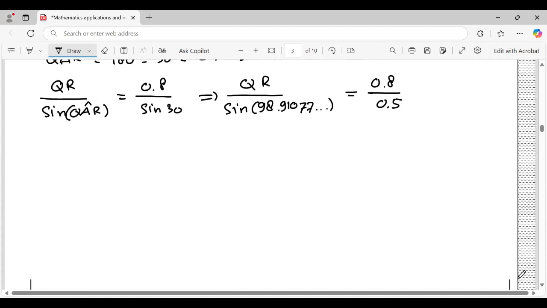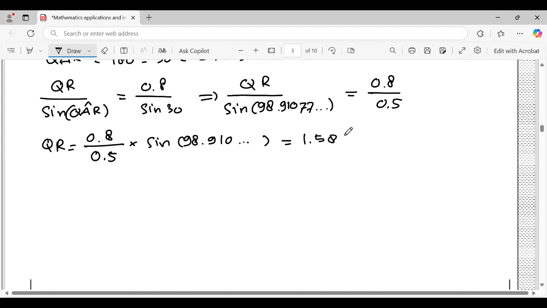So QR equals 0.8 over 0.5 times sine 98.910, and the result is 1.5068, rounded off to 1.58 meters. So this is the first value of QR.